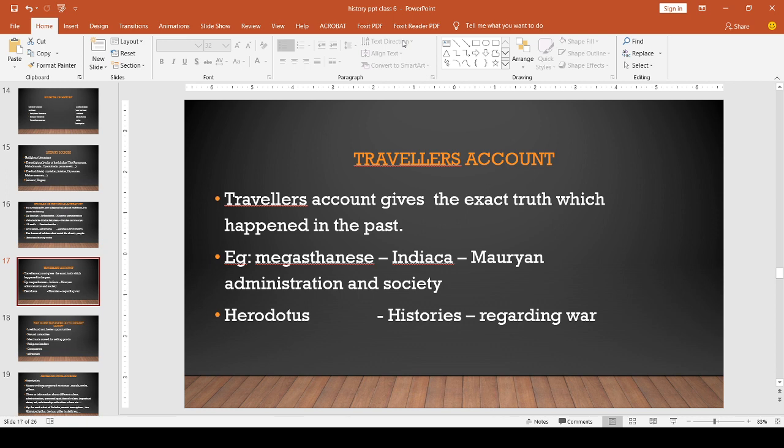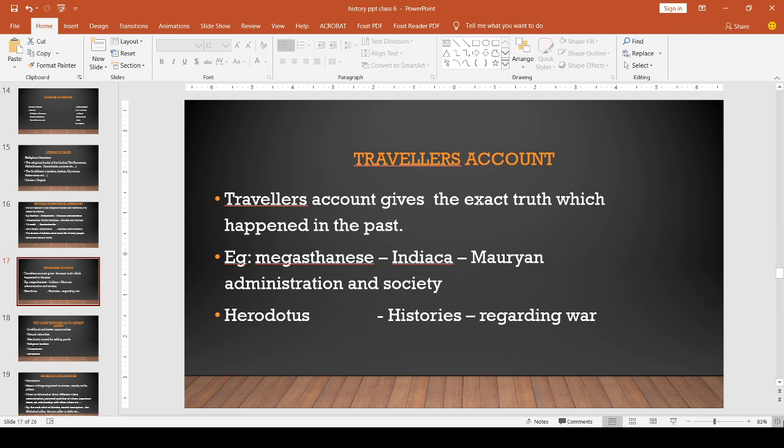And also we can see that Fahien and Hiuen Tsang, Chinese travelers, the persons who are from China, also give valuable accounts about Harshavardhana, his dynasty, and his administration. They visited India during Harshavardhana's time, so they left valuable information regarding those dynasties. So we can collect information through these ancient travelers' accounts.